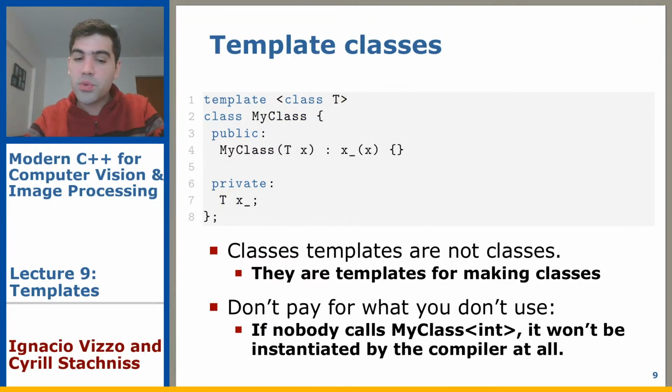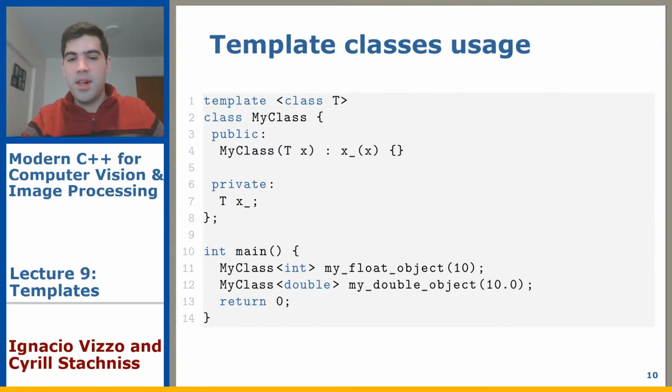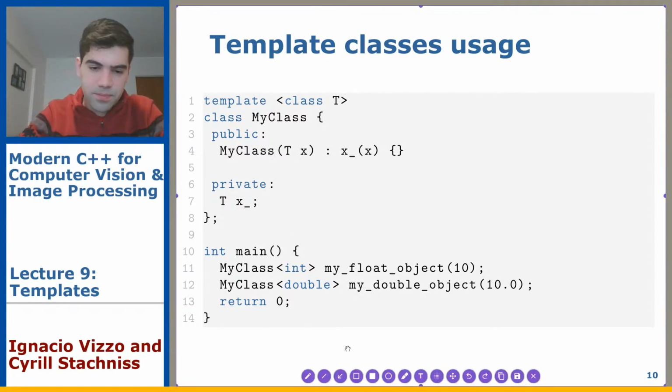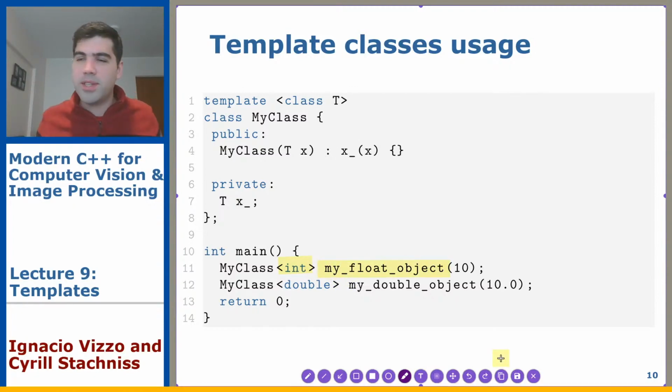The same holds true for template functions and template classes: you don't pay for what you don't use. If you don't call my class with the integer type, then the class will not be instantiated, the compiler will not generate it, and you're free. And how do you use this? Basically, you call my class, and with angle brackets you specify which type you want instantiated at compile time, and then you work as usual with classes.